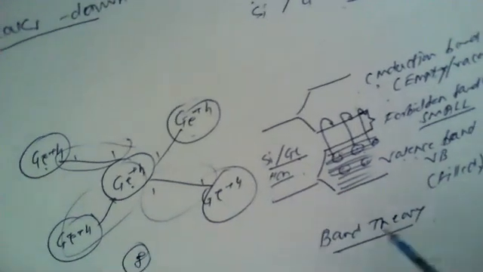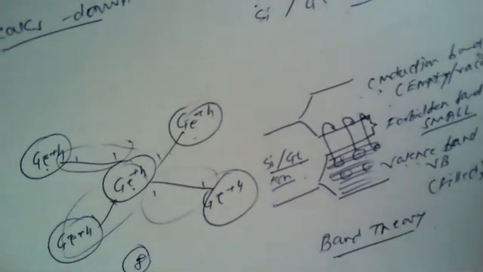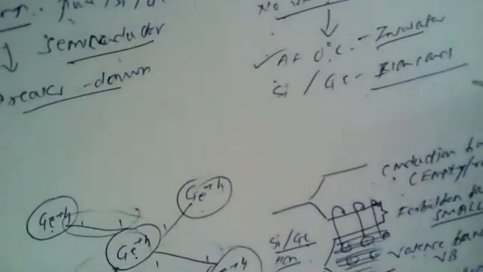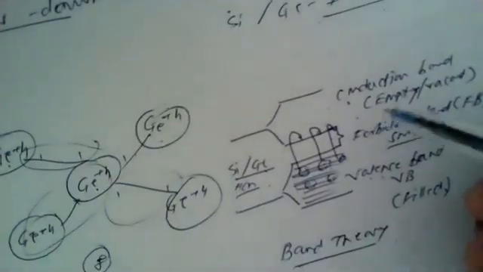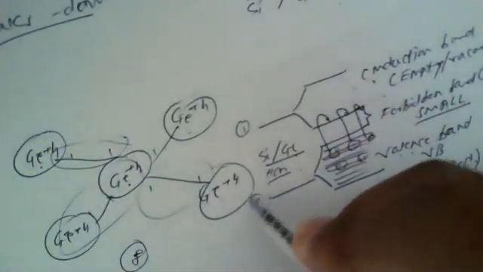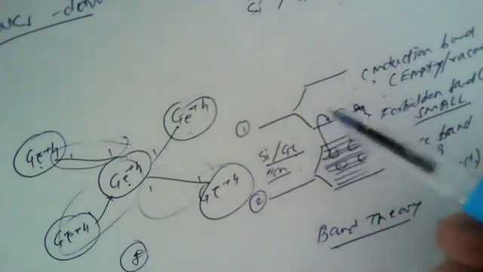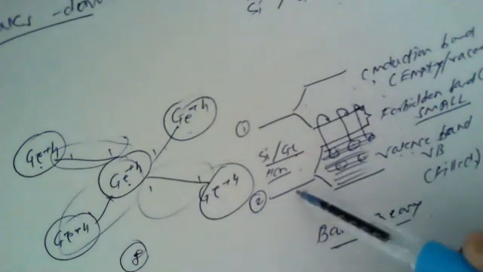Sometimes a long question may be asked: discuss the intrinsic type of semiconductivity in case of silicon or germanium based on the band theory of metals. So band theory tells us that there exist two types of bands, one is a conduction band, another is a valence band.